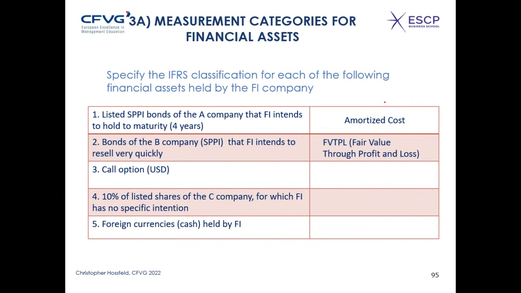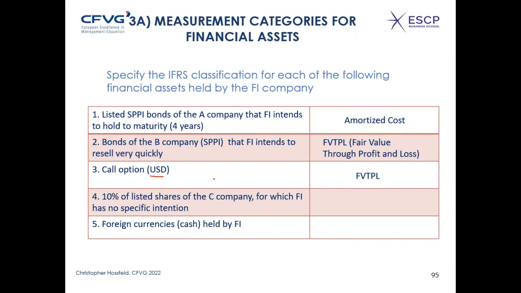Call option. What can I do? Yes, indeed. Gives me the right to buy US dollars. That's why it's a US dollar call option. Exactly, that's correct. Now, what is my measurement category? Well, as I said earlier, it's a derivative. Derivatives are always measured at fair value through profit and loss. Okay, by definition.